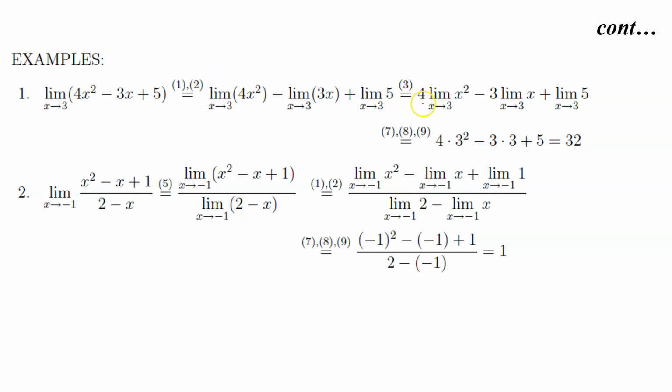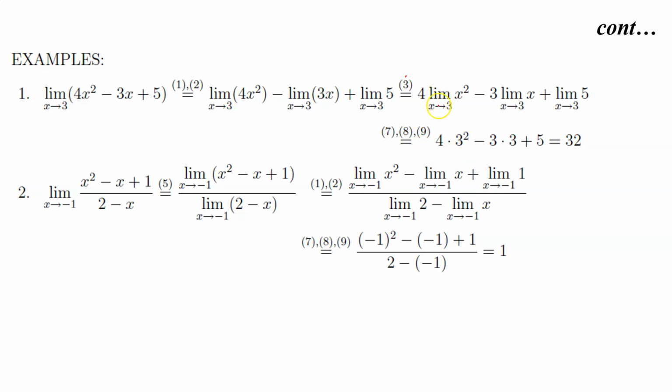That's why I have this 4 limit x square minus, and then this 3 again is a constant. I just put it outside, 3 limit x, and then I just write it down again, limit 5 over here. So this is actually the laws that I use. Okay, 3, 1, 2, 3, 7, 8, and 9. So you can refer back what this law means from the previous slide.